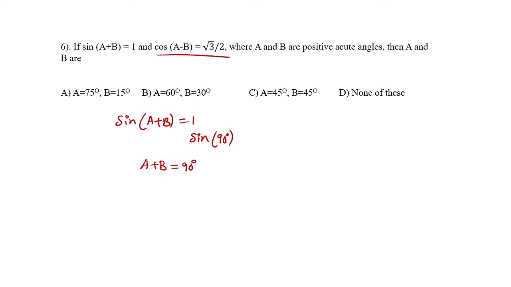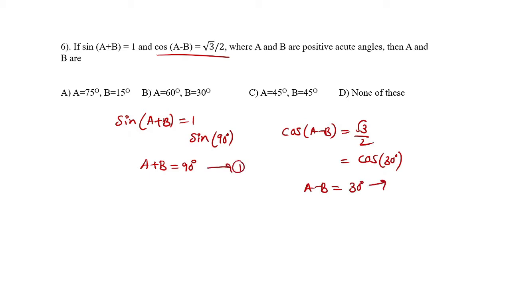And from the second one, cos of A minus B equals root 3 by 2. That equals cos 30 degrees, since cos 30 degrees is equal to root 3 by 2. From this equation, A minus B is equal to 30 degrees. This is the first one and this is the second one.